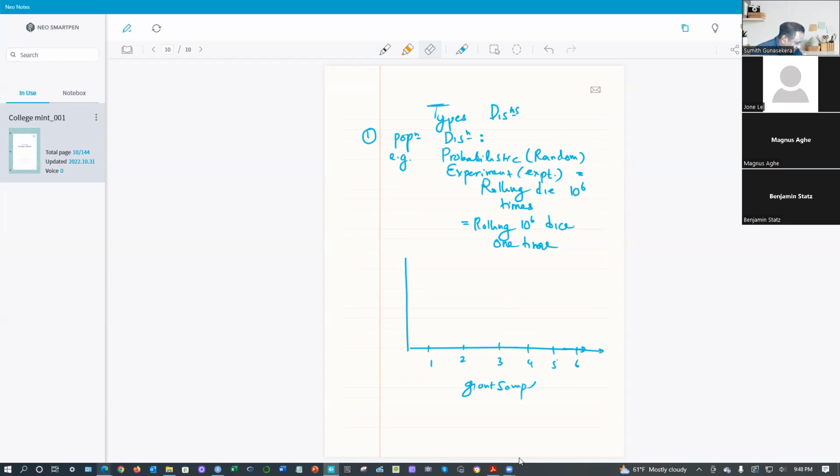How did you get the giant sample? In R, you get the giant sample by resampling, resampling the numbers 1 to 6, 10 to the 6 times. Then you can call this the population by putting it into a data frame, a data frame called giant sample.